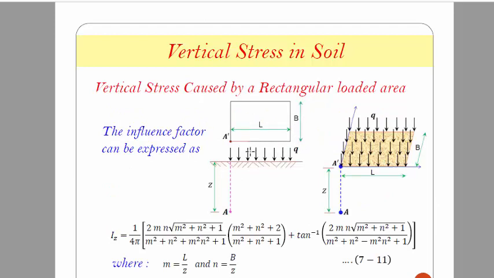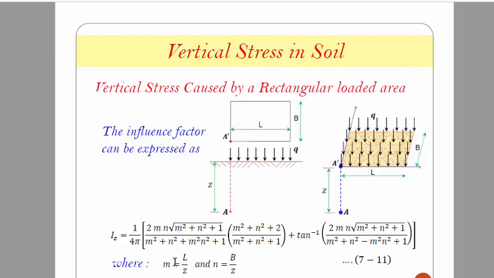So uniform pressure is there. Suppose q is the uniform surcharge acting on this rectangular area, of any length L and width B. The influence factor can be expressed in terms of Iz. Iz is 2mn, students, you learn this equation, 2mn times the square root of (m square plus n square plus 1) over (m square plus n square plus 1 plus m square n square), and so on.